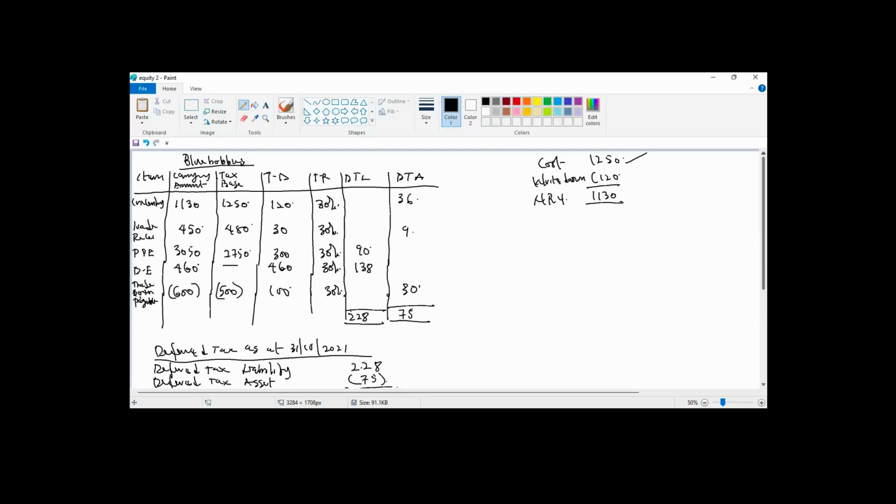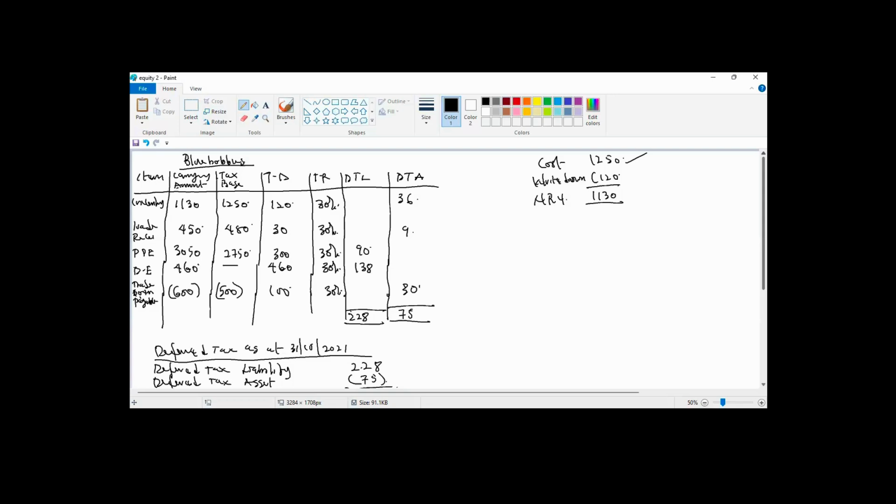The question says inventory is written down to 1130. They write the inventory down, meaning they reduce the value by 120, which is a principle of IAS 2. IAS 2 says inventory is at the lower of cost or net realizable value. They did not give us 1250 in the question.